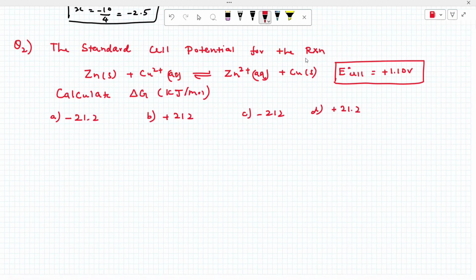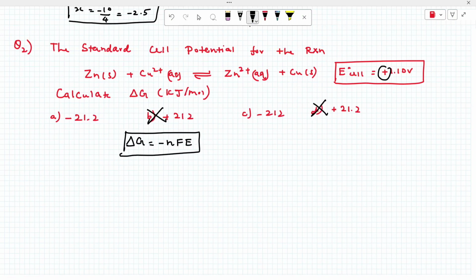Which two options can never be the answer? The formula is delta G equal to minus nFE. B and D. The E cell value is positive. Therefore B and D will definitely not come. So find out A or C.